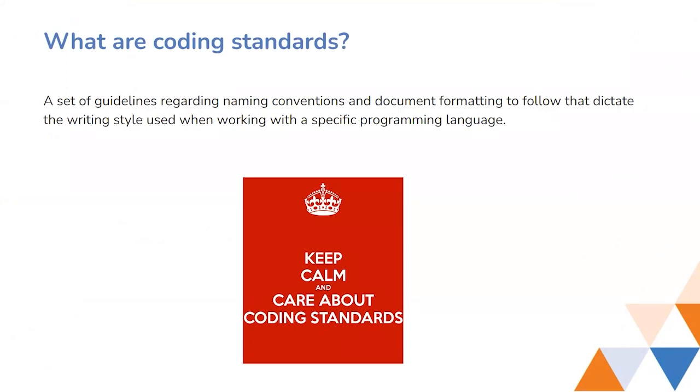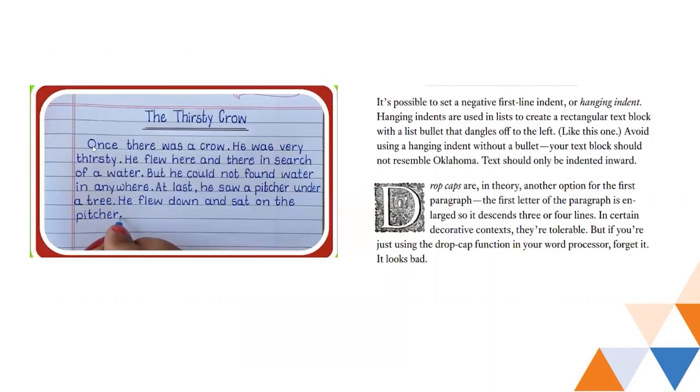I can give an example of standards we follow in the English language. In English, in school and all, we used to write paragraphs like this: we used to leave some space before the first word of the paragraph. This is one standard we used to follow.